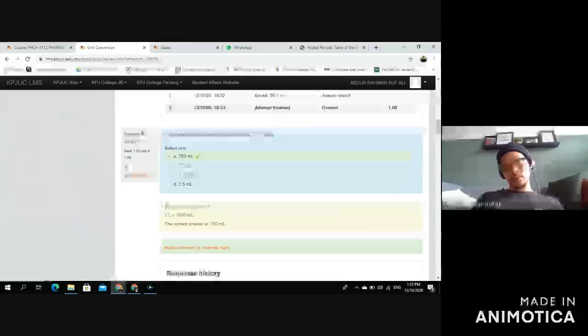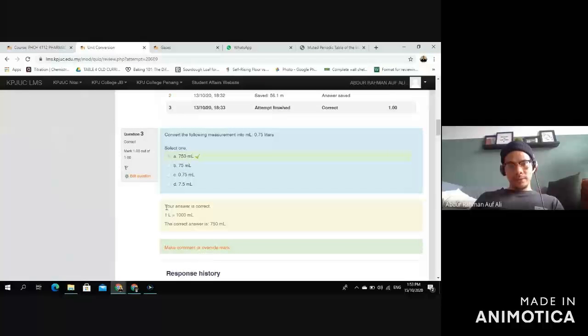If you finish answering the quiz and click on the link of the results, you will see this feedback box down here. It says 1 liter equals 1,000 milliliters, so the correct answer is 750. If you answer wrong, you will know the right answer. If you're not satisfied with your marks, you could do a second attempt. You could redo the quiz and get the right answer.